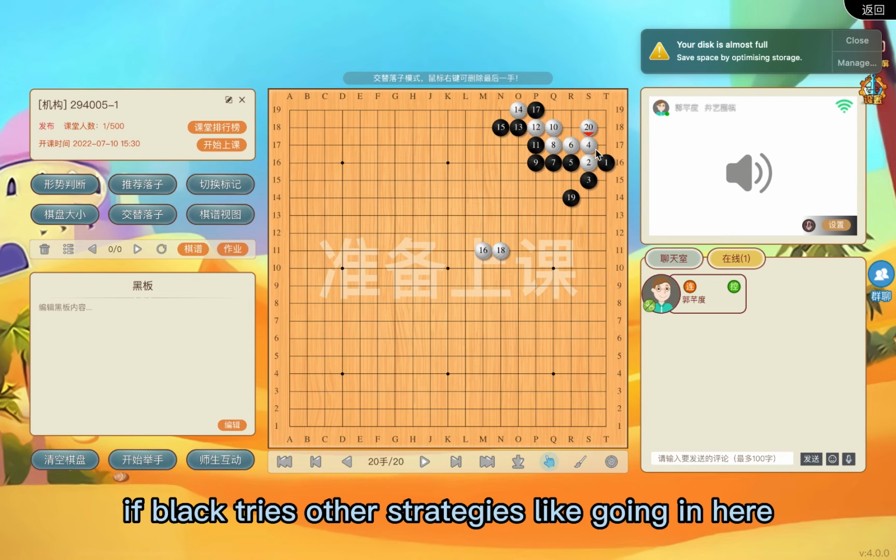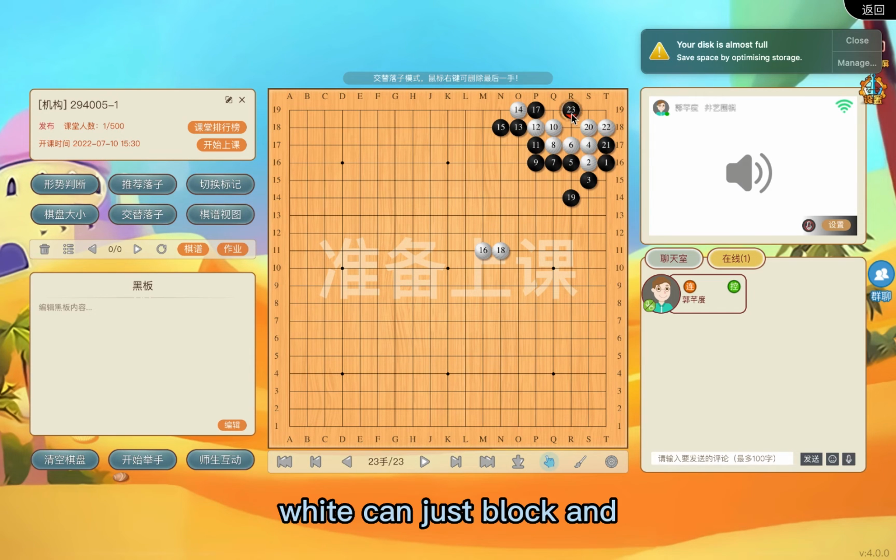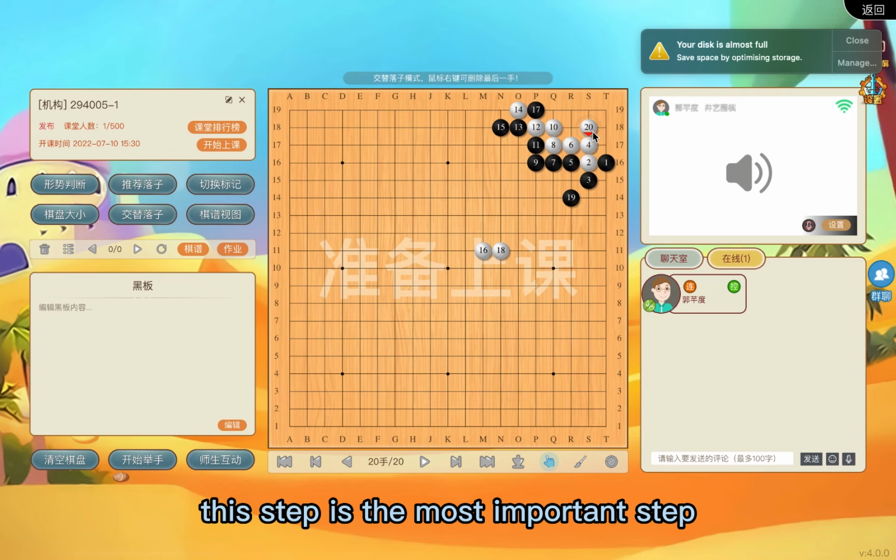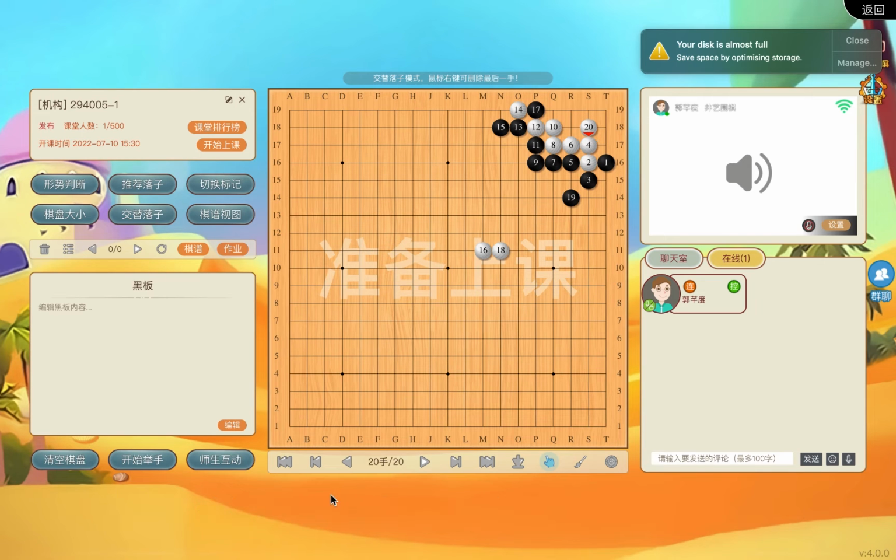If black tries other strategies like going in here, white can just block, and it's the same situation. So this step is the most important step to notice.